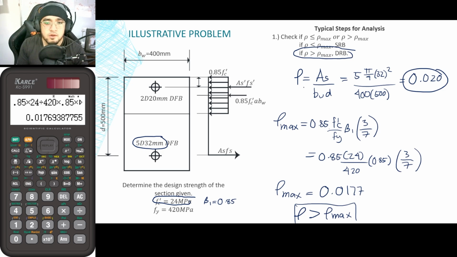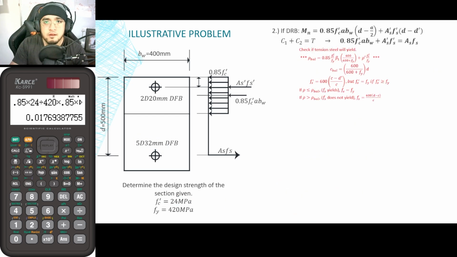Okay, so proceeding, since it is now DRB, we would be making use of this particular formula. However, our major issue here is that we do not know the values of A, Fs prime, and Fs.